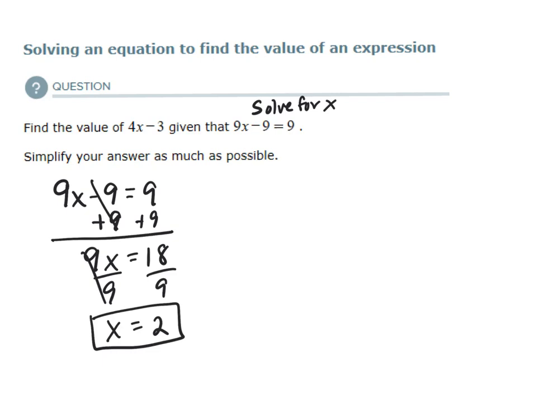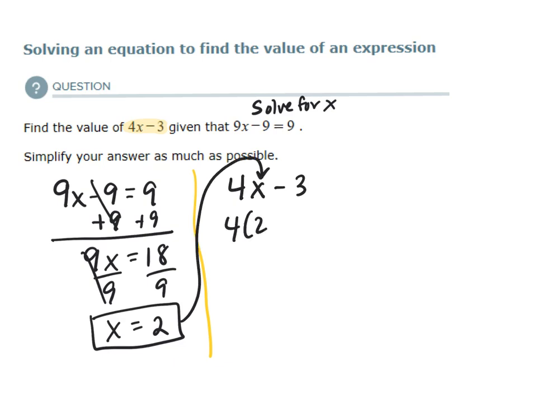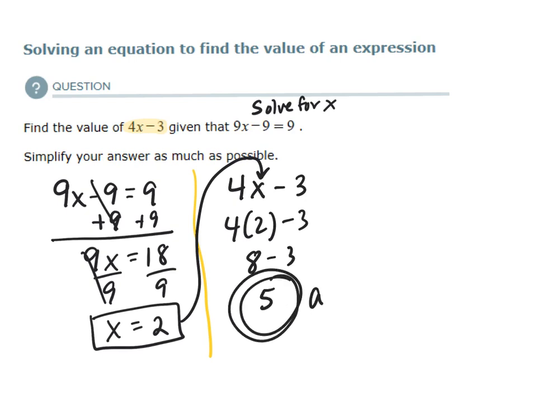Then we have this other expression that we want to use that value of x for. So when you're solving that equation, you're finding the value of x that needs to be used for this expression. So this is going to be your answer.